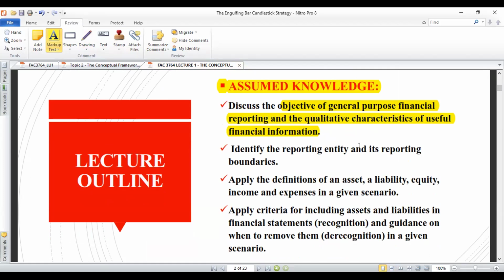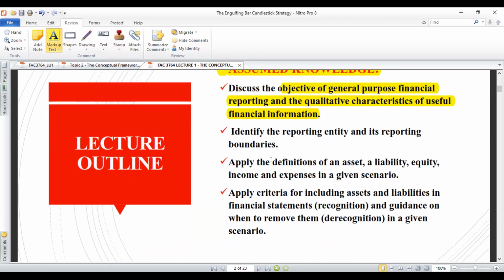Identify the reporting entity and its reporting boundaries, right? Apply the definitions of an asset, a liability, equity, income, and expenses, like I mentioned. This is very important.